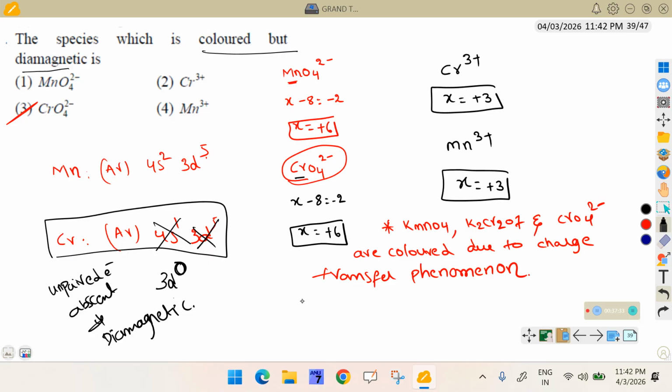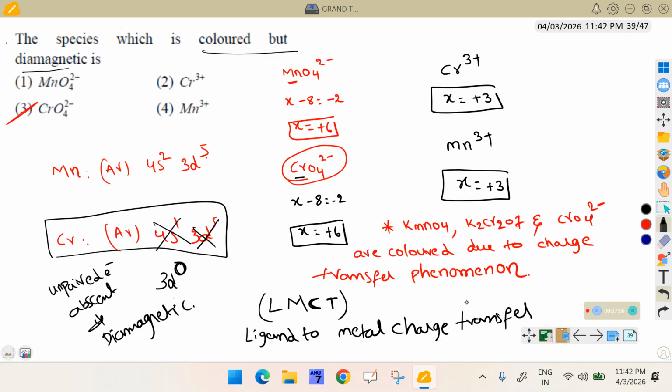So the charge transfer takes place, LMCT, ligand to metal charge transfer takes place.